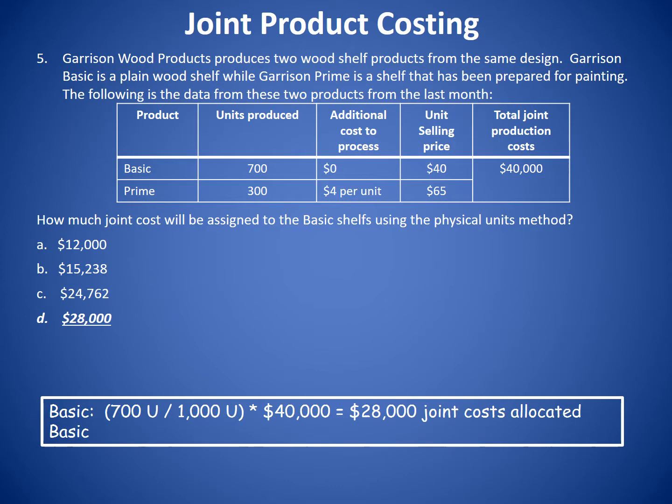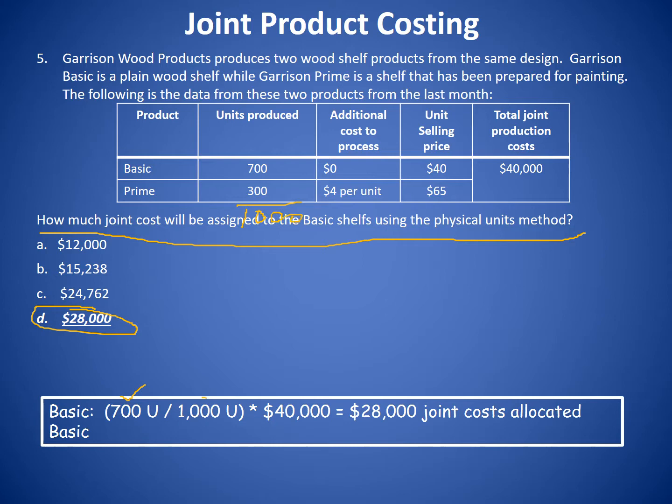Okay, number 5 again. How much joint cost will be assigned to the Basic shelves using the physical units method? In this case, the answer is $28,000. We get that by taking our 700 Basic units and dividing by the total of 1,000 units of shelves produced.